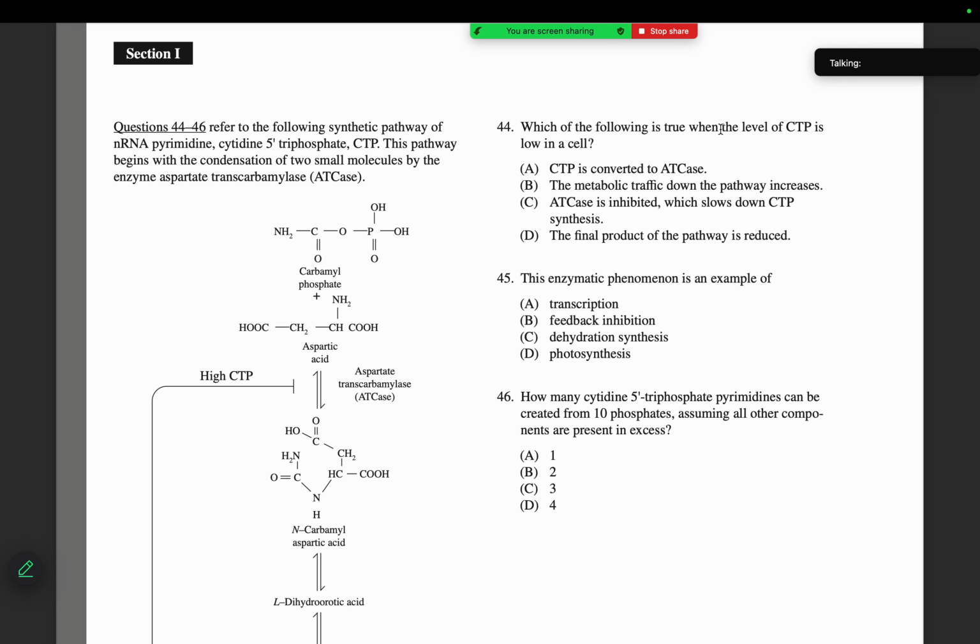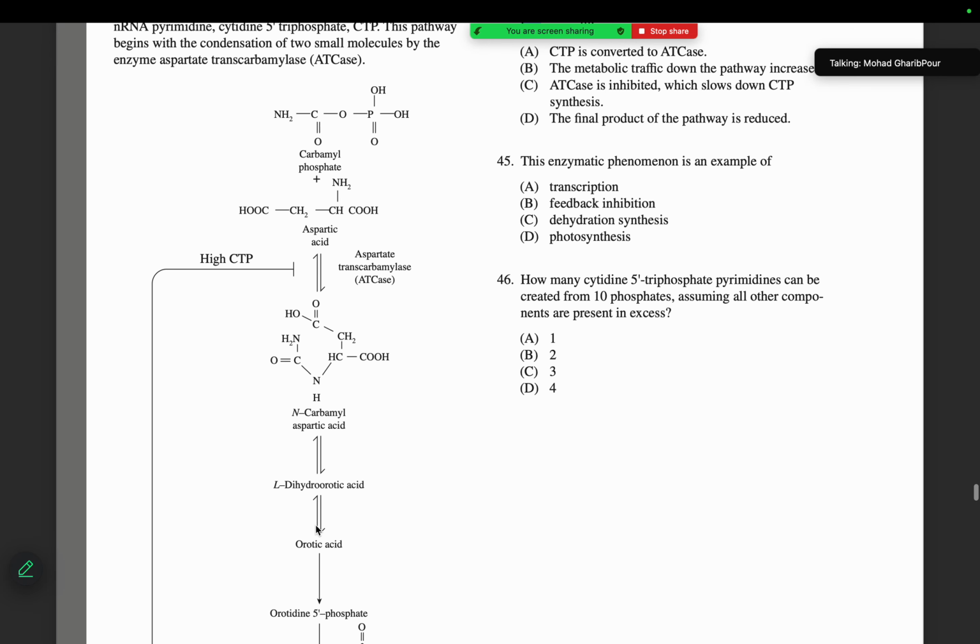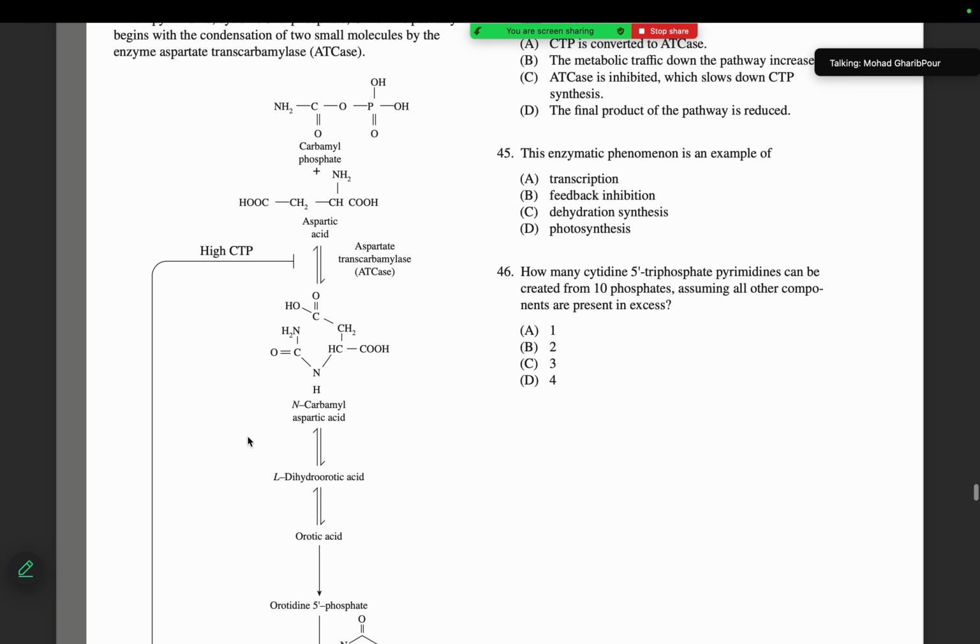When you have low CTP, this enzyme is not blocked, so you keep producing this stuff.